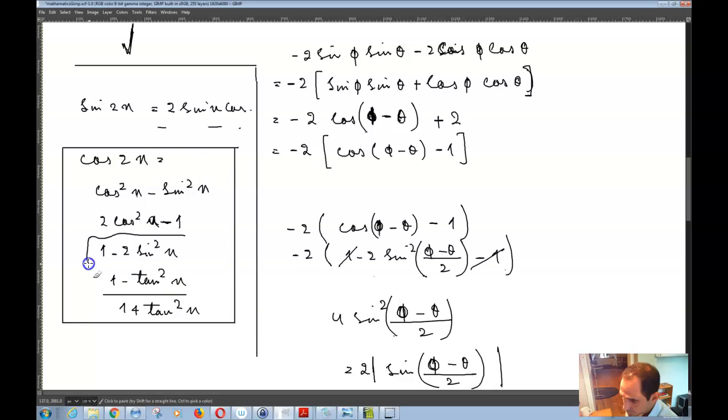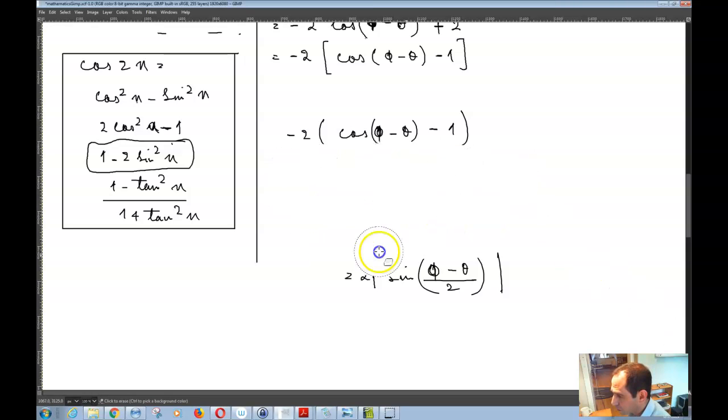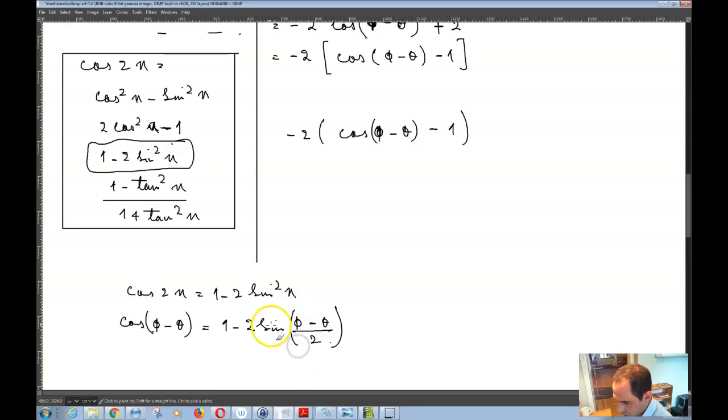Now if I pick this form over here and bring it over here, what I can do is that if cos of 2x is equal to 1 minus 2 times sine squared x, then cos of phi minus theta, take this as 2x, and over here you would get 1 minus 2 times sine of half of the same angle, meaning phi minus theta divided by 2, right?